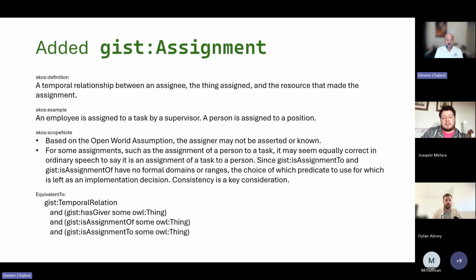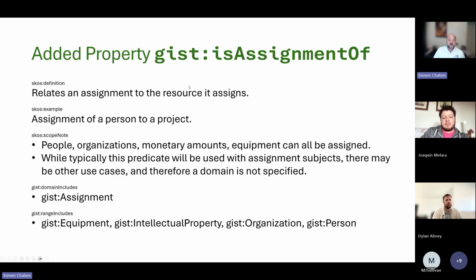There's something being assigned and something or someone that it's being assigned to. So we introduced the assignment class, and then along with it, the assignment of predicate that connects the assignment itself to what it is that's being assigned.